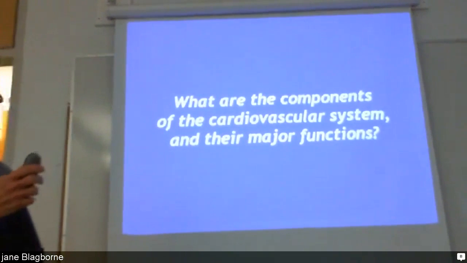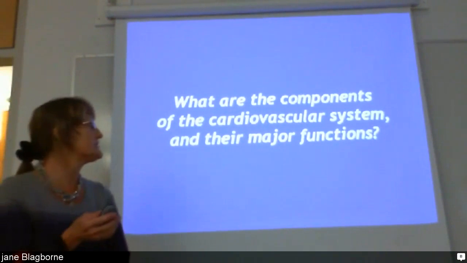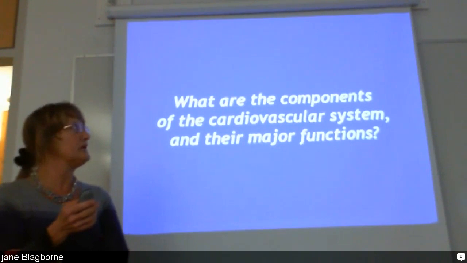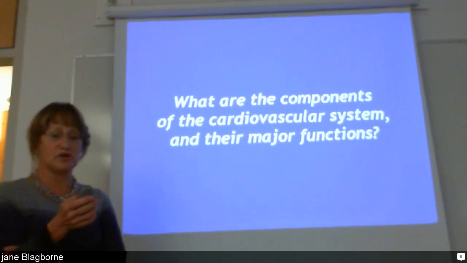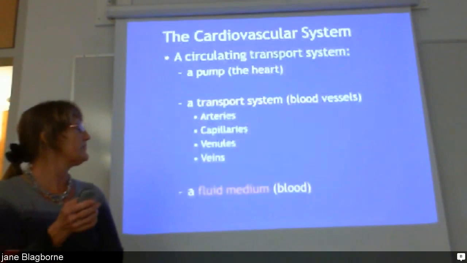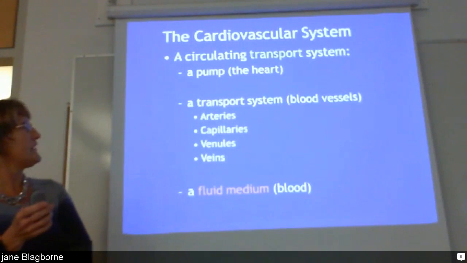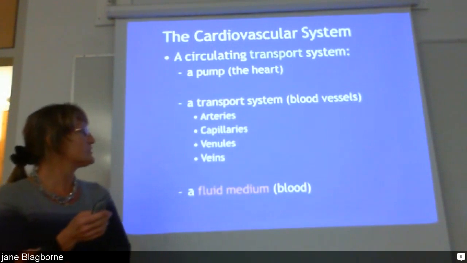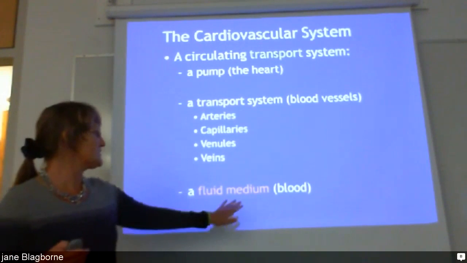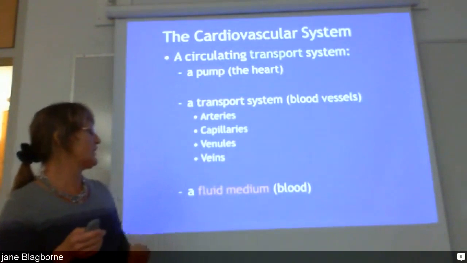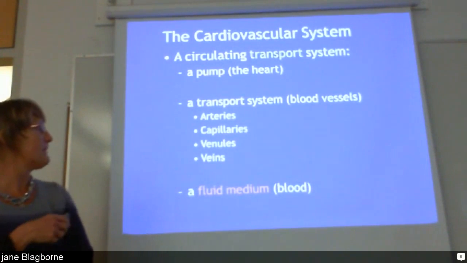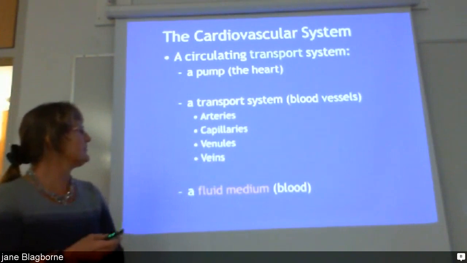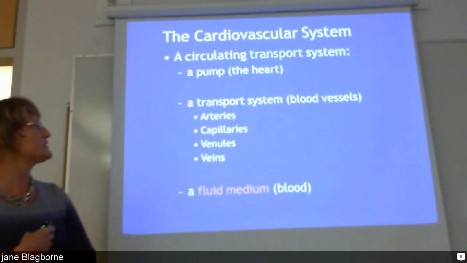So we're talking about what are the components of the cardiovascular system first, and their major function. And this is 2 brief slides, and then we'll start with the blood. Your cardiovascular system is the transport, and the reason we're talking about that is because the fluid media that is transporting is the blood. You have the arteries, capillaries, venules, and veins that are part of the transport system.